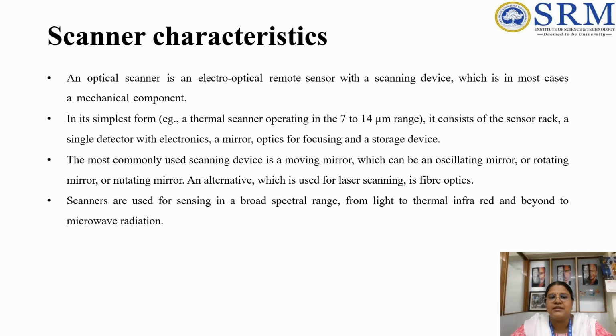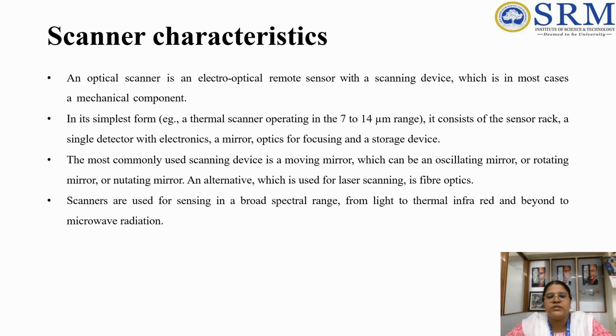An optical scanner is an electro-optical remote sensor, a scanning device which in most cases is a mechanical component. Simple scanners, like thermal scanners, operate in the 7 to 14 micrometer range. It consists of a sensor rack, a single detector with electronics, a mirror, optics for focusing, and a storage device. This is a simple scanner used on a ground-based or an airborne platform.